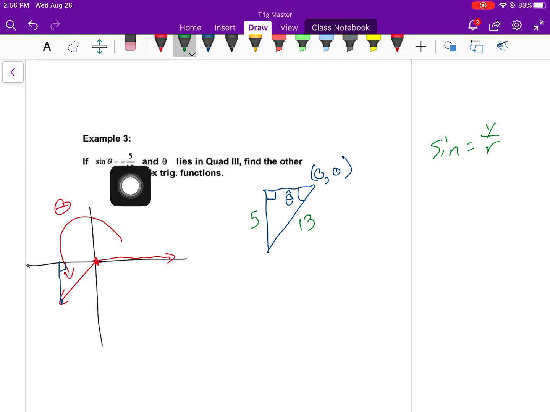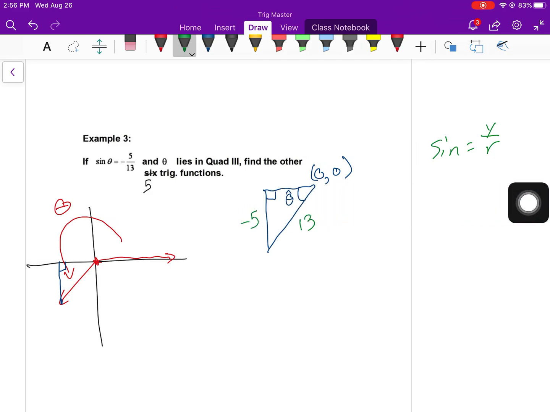One of those has to be negative in order to get a negative 5 over 13. I'm going to put it with the y value. The reason being is because radius is positive. We're using a reference angle, so we're kind of pretending that we move this thing back to the first quadrant. 13 didn't change.